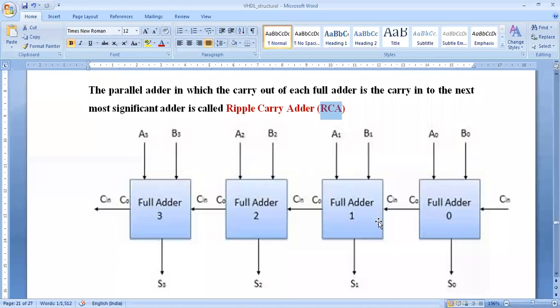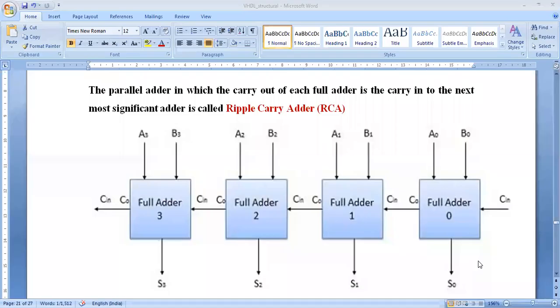The carry has to come from the first full adder to the second full adder, from the second to the third, and then to the last full adder. That means the carry has to propagate, the carry has to ripple from the first stage of the full adder to the last stage of the full adder.